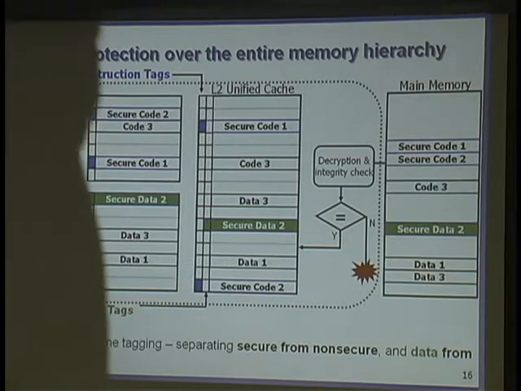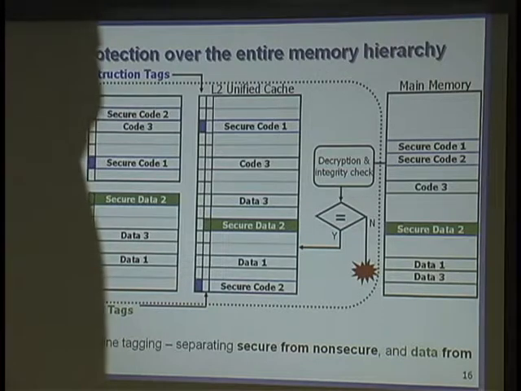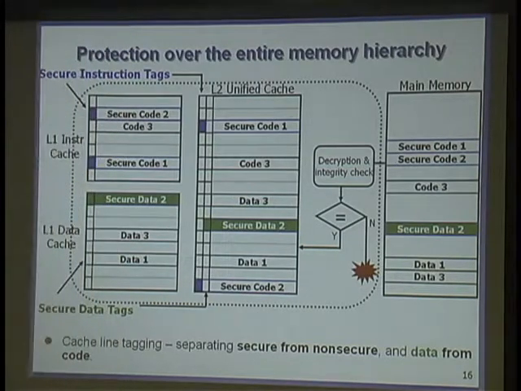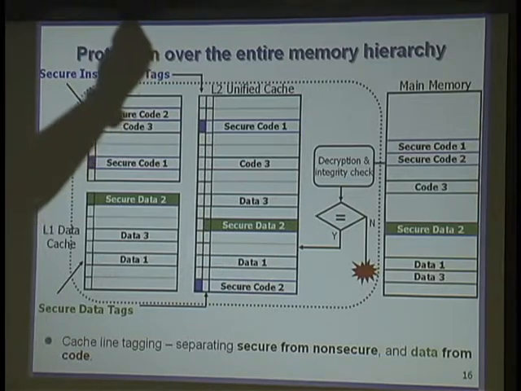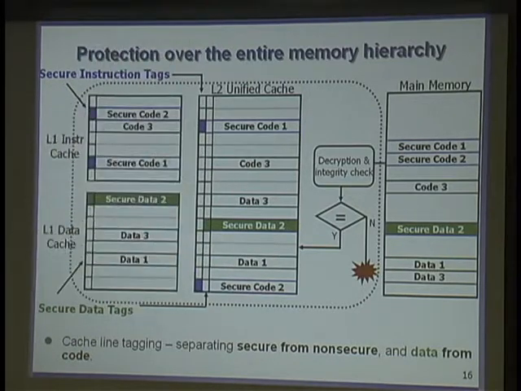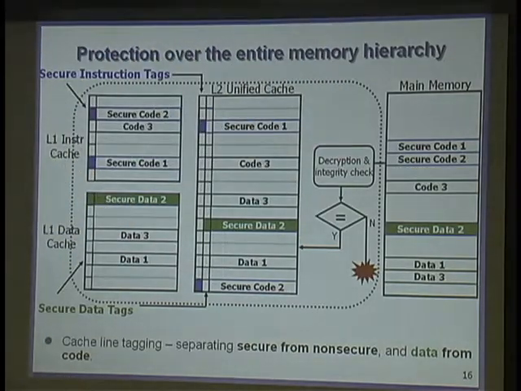So is this tag set in the memory and brought over from memory? No, this tag is set only in the on-chip caches. And as it goes out to memory, it will be encrypted and hashed before that cache line gets evicted out of the cache. So how does the L2 cache know that a particular piece of code it's bringing in from memory is secure code?